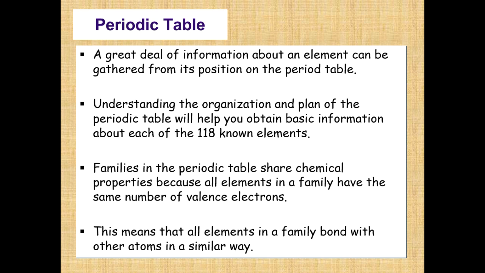Understanding the organization and plan of the periodic table will help you obtain basic information about each of the 118 known elements. The families in the periodic table share chemical properties because all the elements in a family have the same number of valence electrons. This means that all the elements in the family bond with other atoms in a similar way.